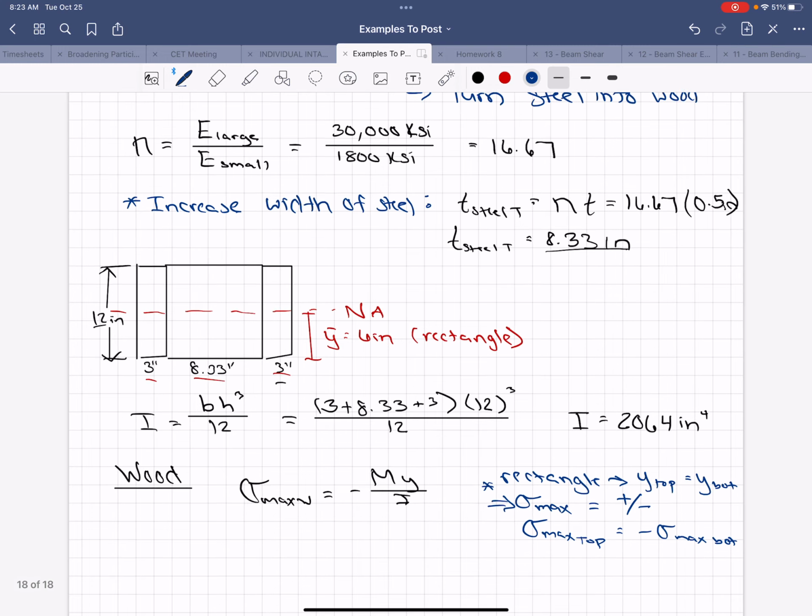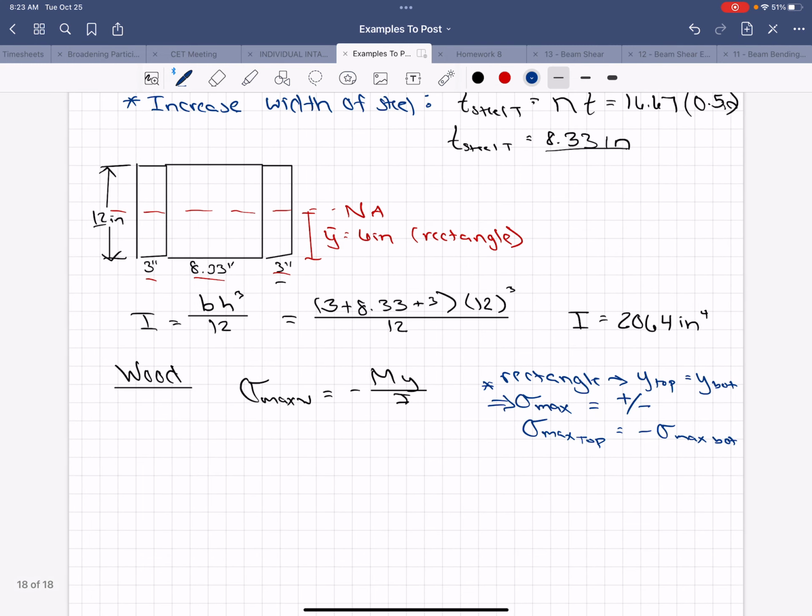Okay, so we can plug in what we know. Sigma max of the wood equals our moment that we calculated, 21,600 pound-feet. We need to change that to inches. Our Y is 6 inches.